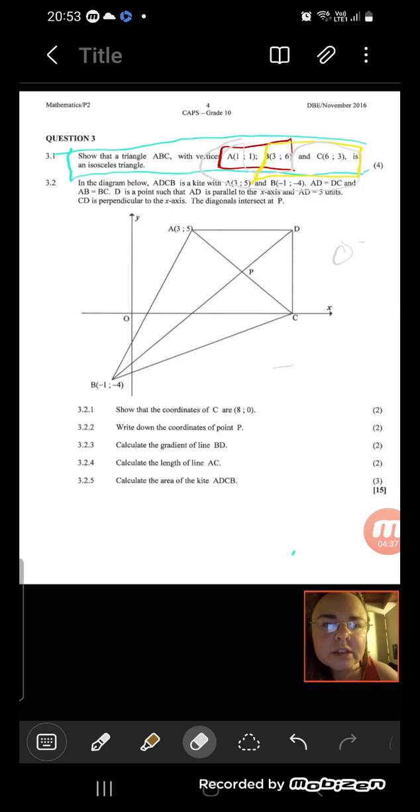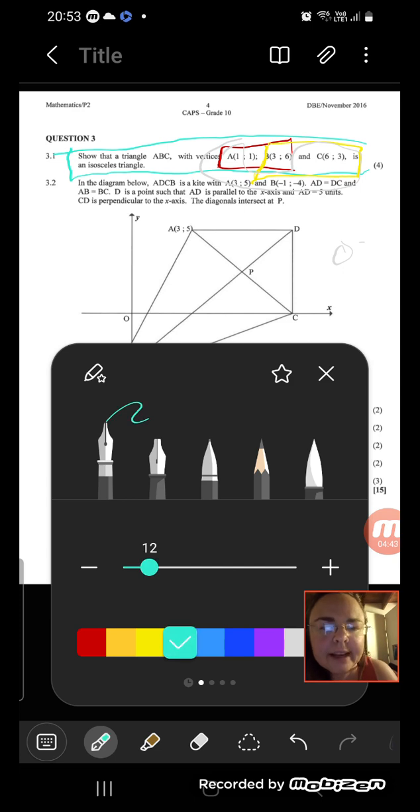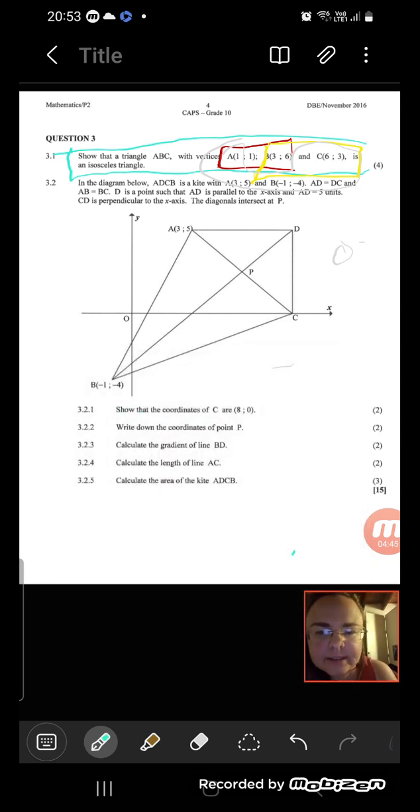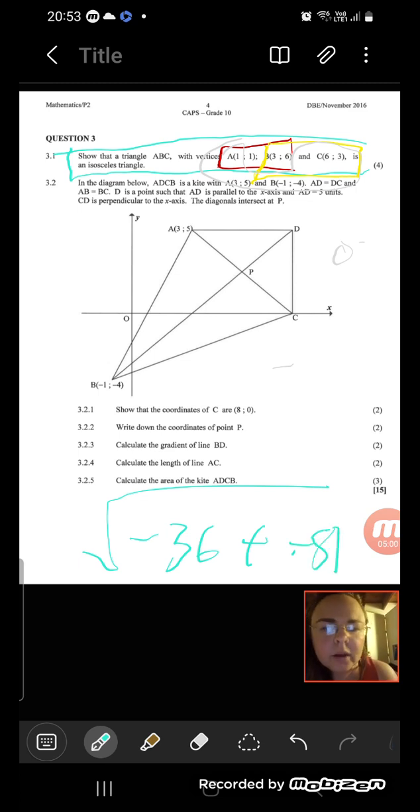And therefore, when you're using your distance formula, NB, you're never going to have a minus. You're never going to have something like minus 36 plus minus 81.